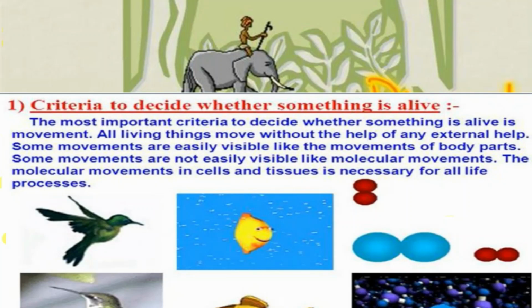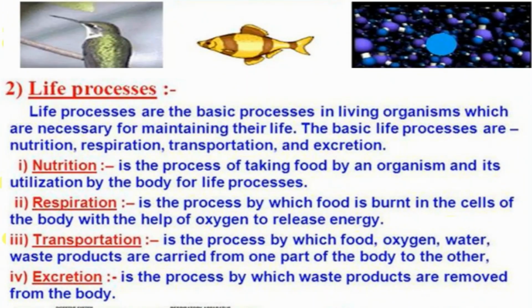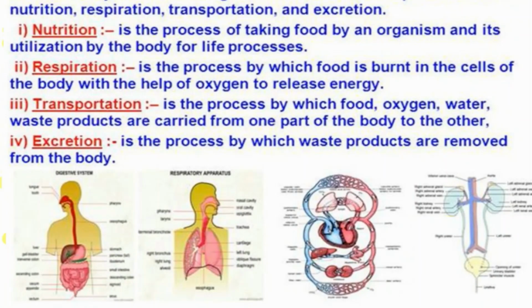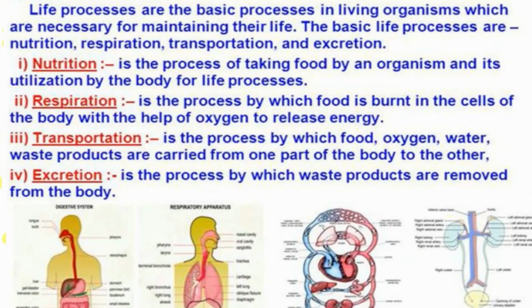Then I told you that a living being is continuously doing work, so its body needs to repair and maintain itself. Whatever processes we do to maintain our body are called life processes. For maintaining work, we need energy, and for that we take food from outside. The mode of taking food is called nutrition, and this food we digest and get energy.